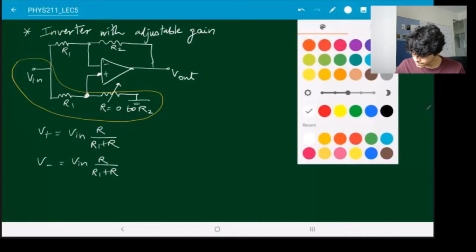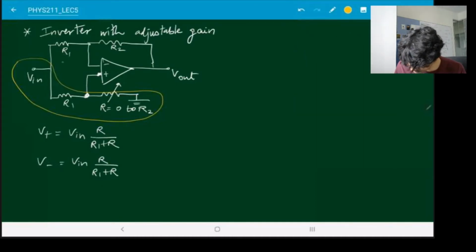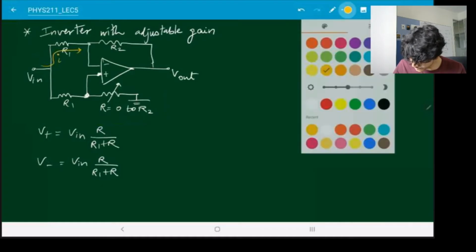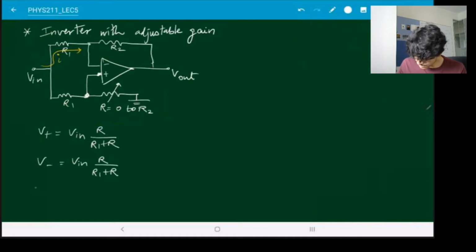Now let us find out what is the current flowing through the circuit over here. Let's call this current I. So I is going to be V in minus V minus over R1.